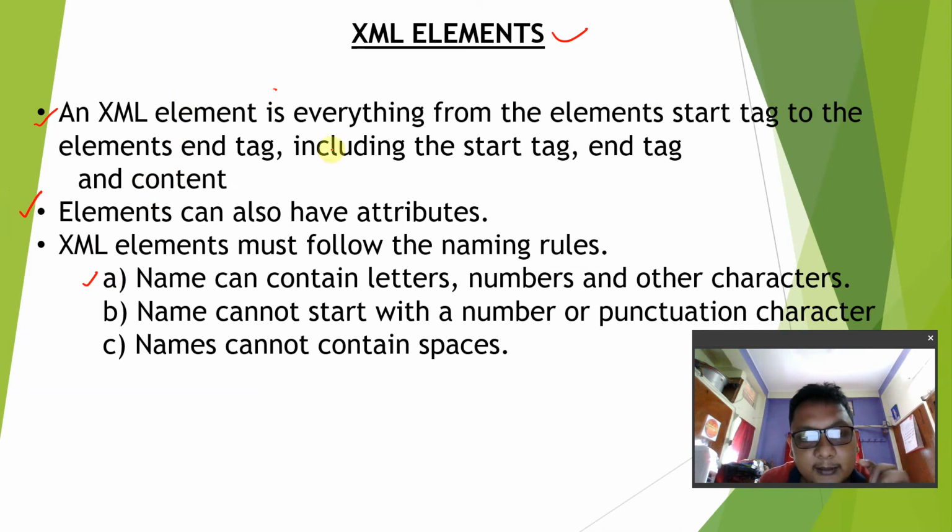The second rule: names cannot start with a number or punctuation characters. And names cannot contain spaces between them. I think it is easily understandable what rules we have to follow.